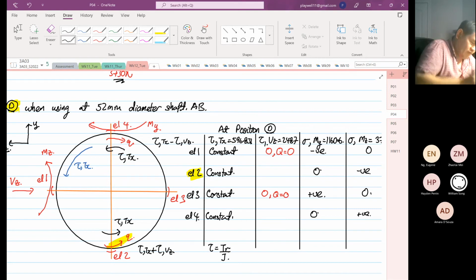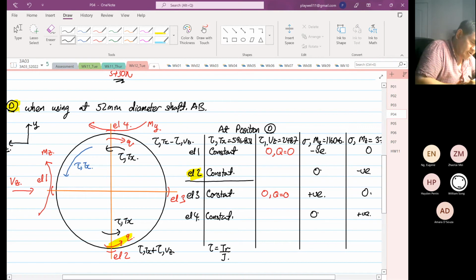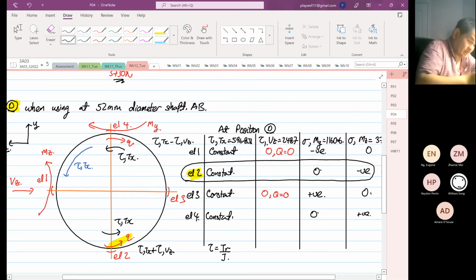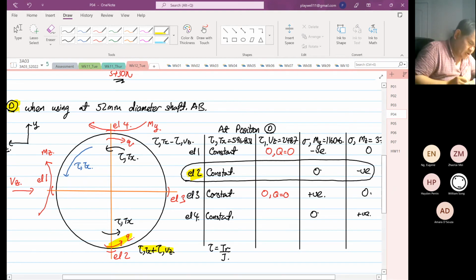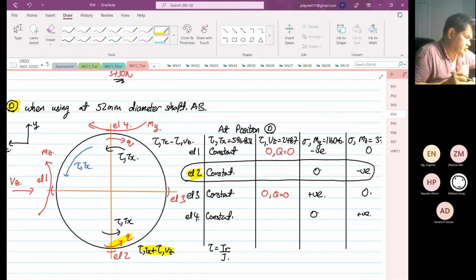Right. So for this reason, we are going to select element 2 for the analysis. Okay, because the shear stress induced by the torque in X and the shear stress induced by the shear force are in the same direction. You add them up.